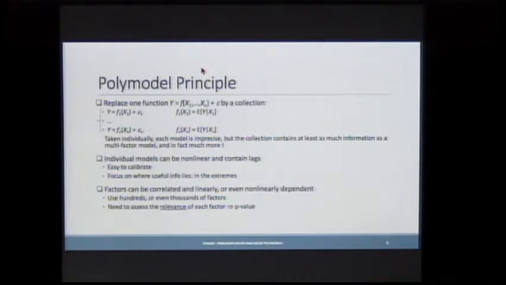A typical example of polymodels is handwriting recognition. All the algorithms that do handwriting recognition, they see a shape somewhere on the paper, and they don't tell you, oh, I recognize an A here, I recognize a B here, etc. They just tell you, I'm not sure what letter it is, but it looks more like an A than a B. It's all comparative.